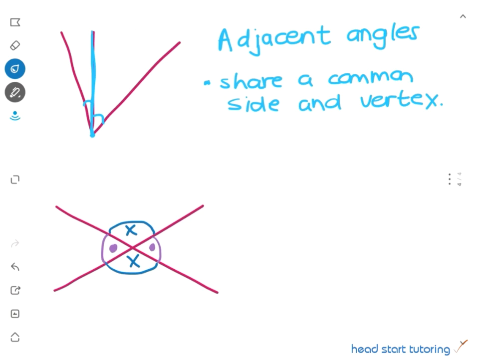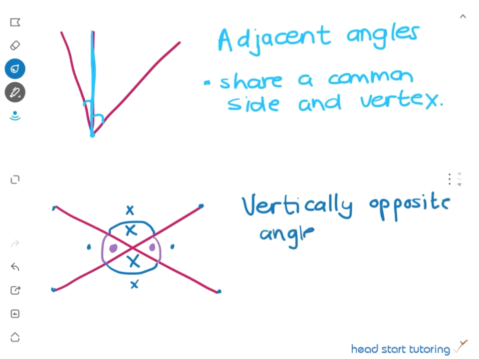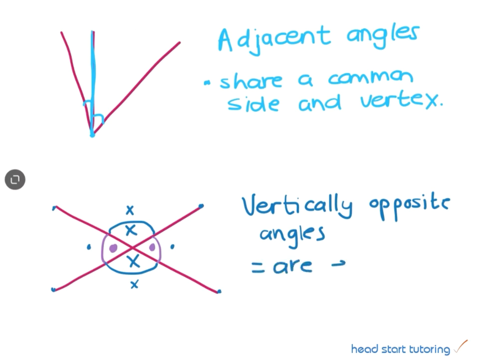So because these lines here are straight lines and they are bisecting, it doesn't matter the angle that they bisect at, as long as they are two straight lines that are bisecting. These opposite angles will be equal, and these opposite angles will be equal. So these are called vertically opposite angles. Right, and vertically opposite angles are equal.